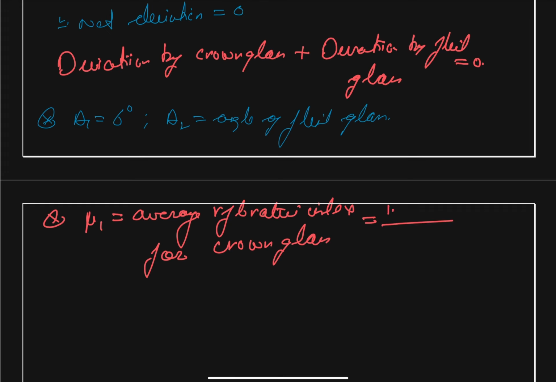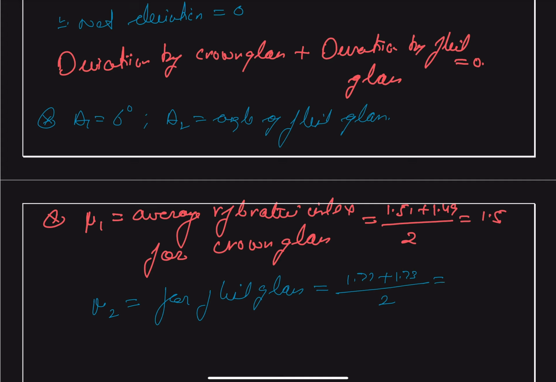This comes as (1.51 plus 1.49) divided by 2, giving us 1.5. Similarly, mu2, for flint glass, is (1.77 plus 1.73) divided by 2. This gives us 1.75.